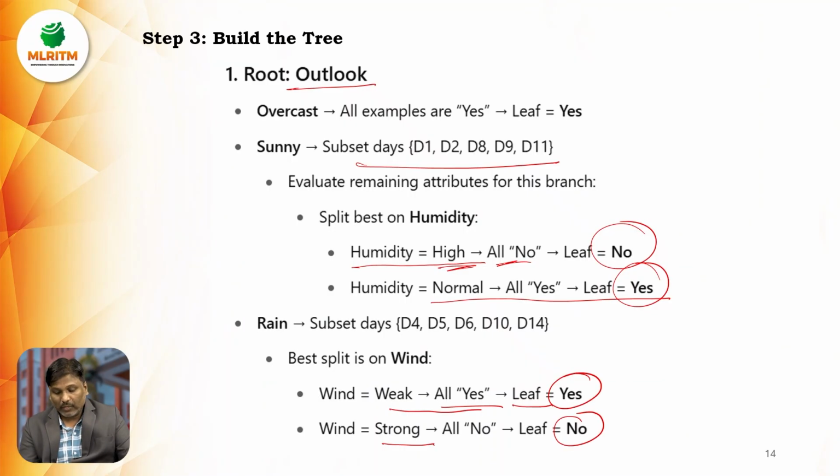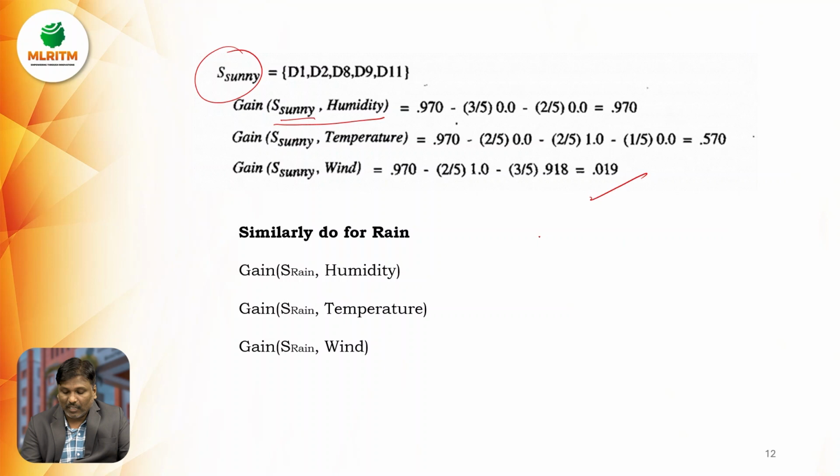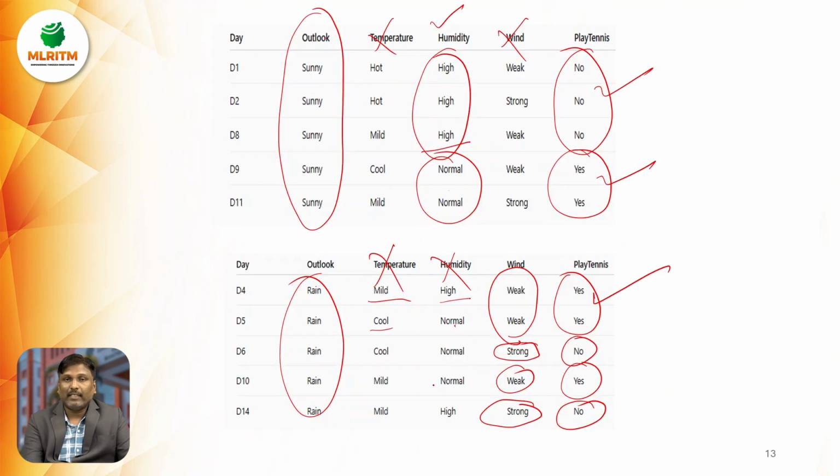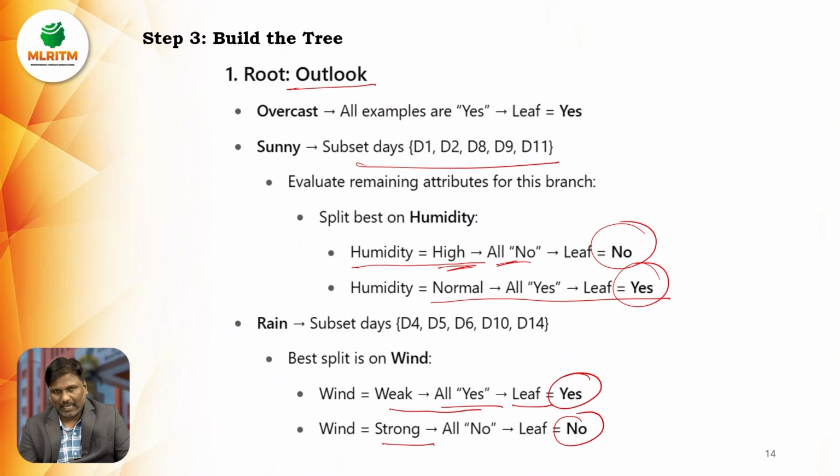Is it clear now? So in spite of measuring all these calculations, by simply analyzing the data set or the given data values, we can easily find out the node and the subnode and the leaves through their branches.